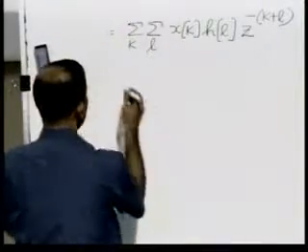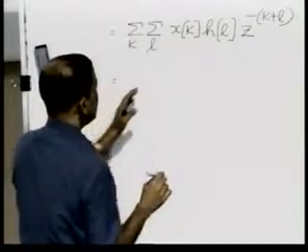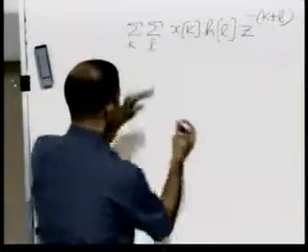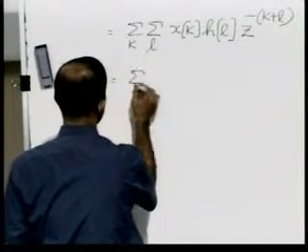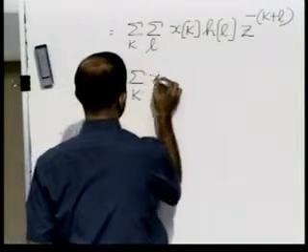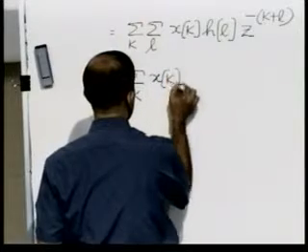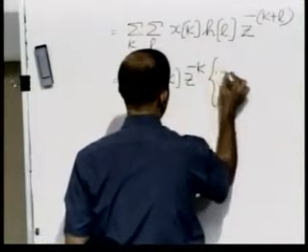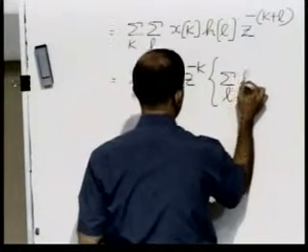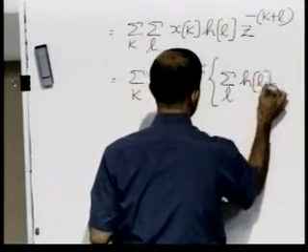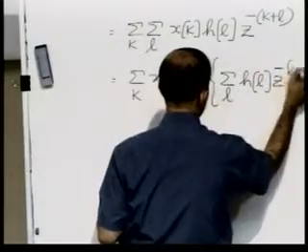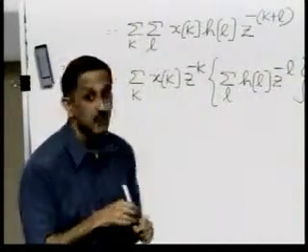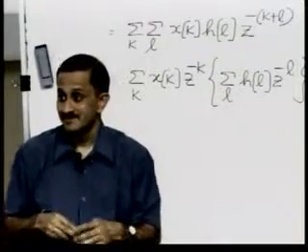And now, once again we follow the same strategy. There are certain terms that depend only on k, which we shall bring out. The terms on L will be taken inside. So, we have summation on k, x[k] z raised to the power minus k, and in brackets summation on L, h[L] z raised to the power minus L. Now here again the same question arises: what z?